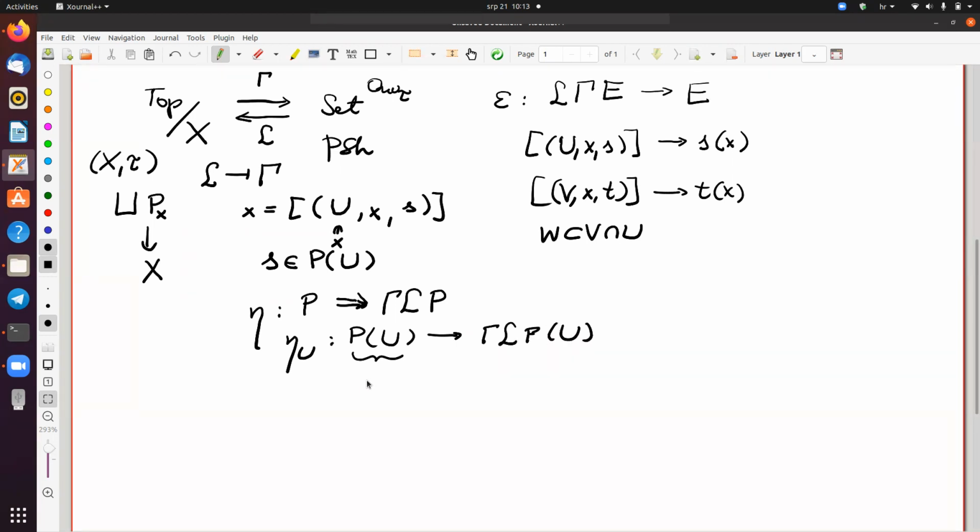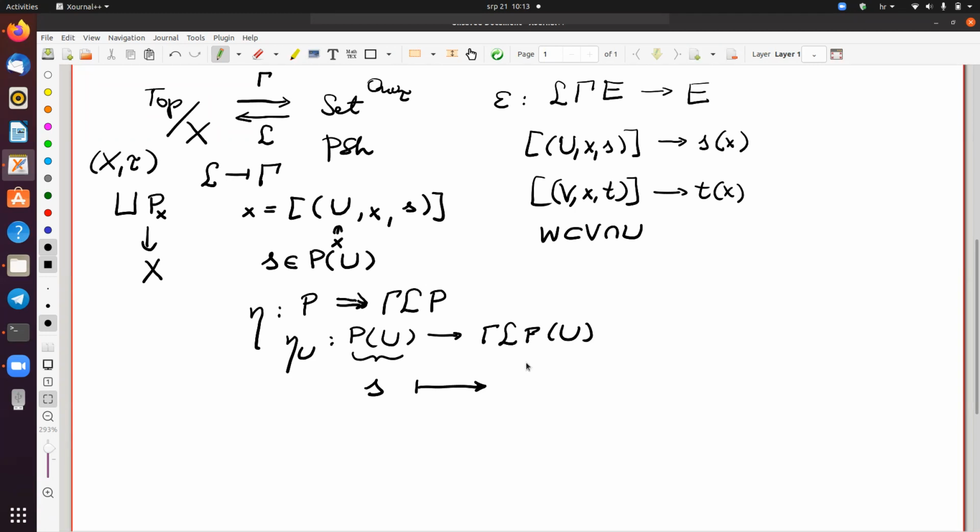So that means that you are taking a section. You have to send it somewhere. Well, what will you do? You have to now make a new section, the section not of the original space, but of the space L of the original space.